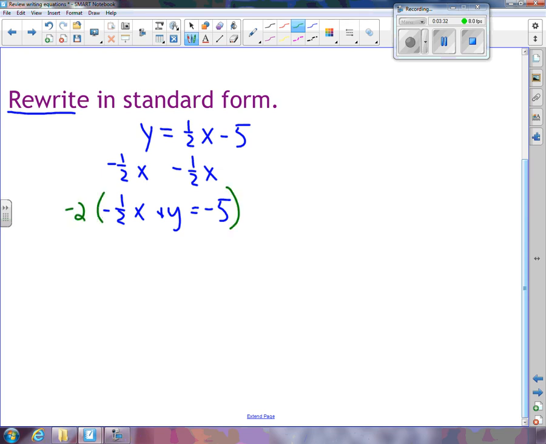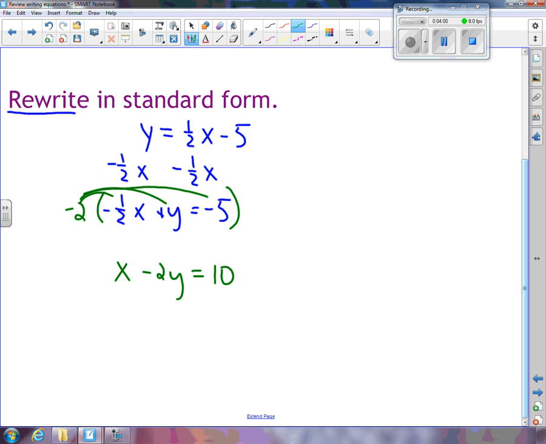If you want to do this in two steps, first multiply by 2, and then multiply by -1, that's okay too. So I'm going to make that -2 go through to everything in the equation. So -2 times -1/2 is just 1, so I just have x. -2 times y is -2y, and -2 times -5 is 10.